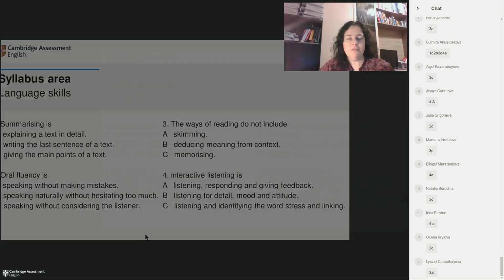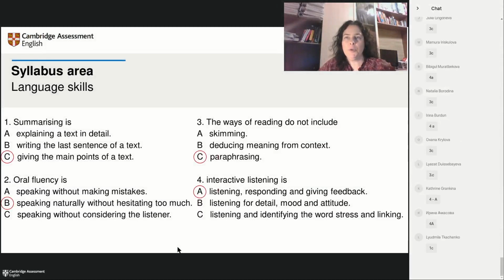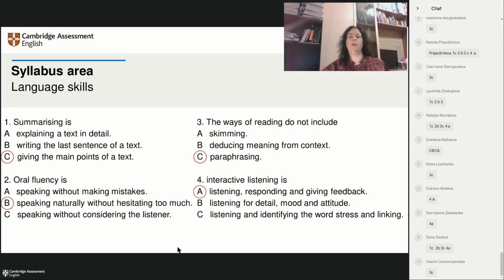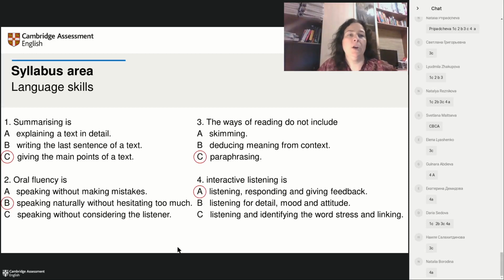You're fast enough. Have a look, confirm your answers. Hopefully all of them were right. Okay. So this is about understanding of different sub-skills, both receptive and productive.